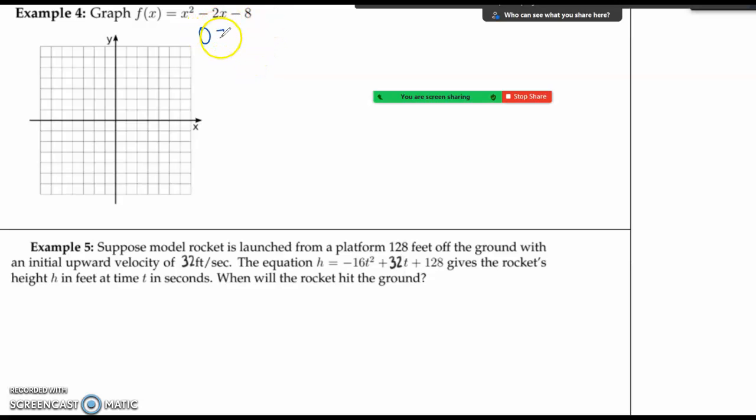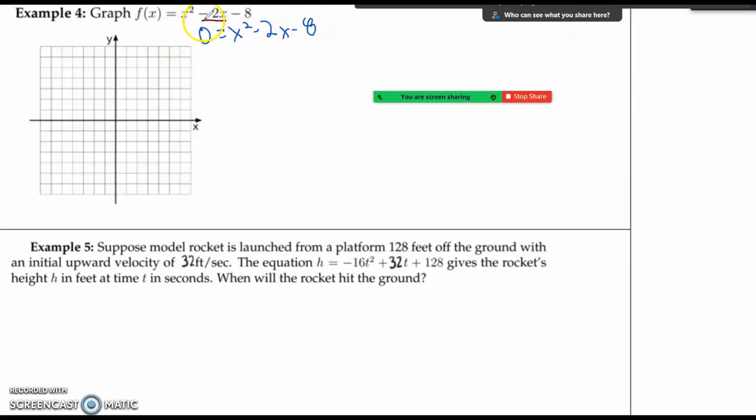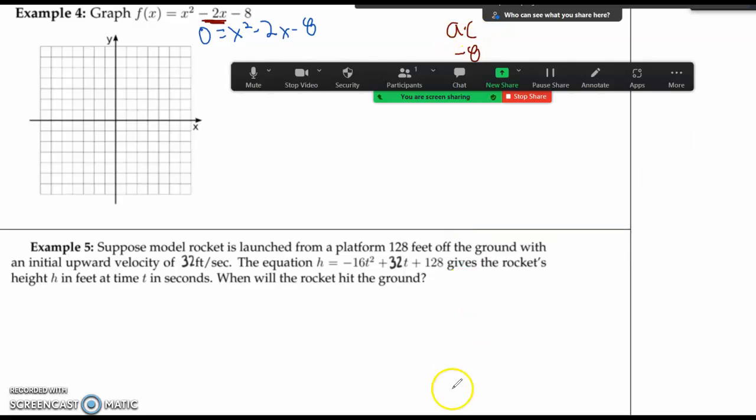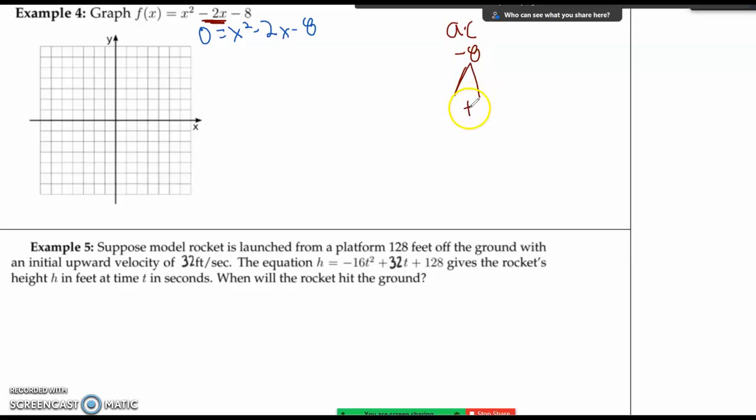So I'm going to set 0 equal to x squared minus 2x minus 8. I'm going to do some work to rewrite. A times C is negative 8, but adds to my B of negative 2: negative 4 and positive 2.